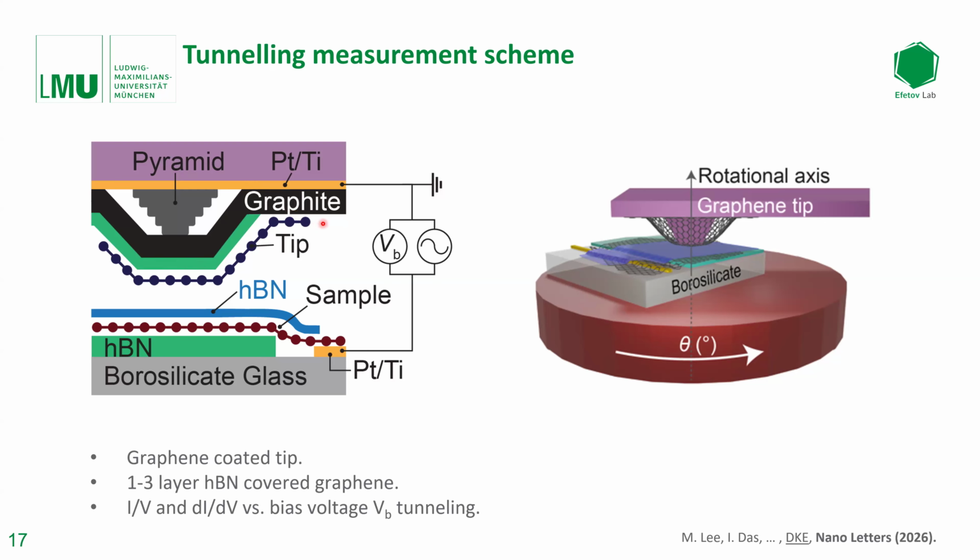And we can apply a bias voltage to this tip through a voltage source. The sample side is usually some graphene layer, either single-layer graphene or multi-layer graphene, which sits on the substrate, also on HBN, and is covered with a very thin HBN dielectric, typically 1 to 3 layers. That allows direct tunneling from the top layer into the bottom layer through the HBN layer.